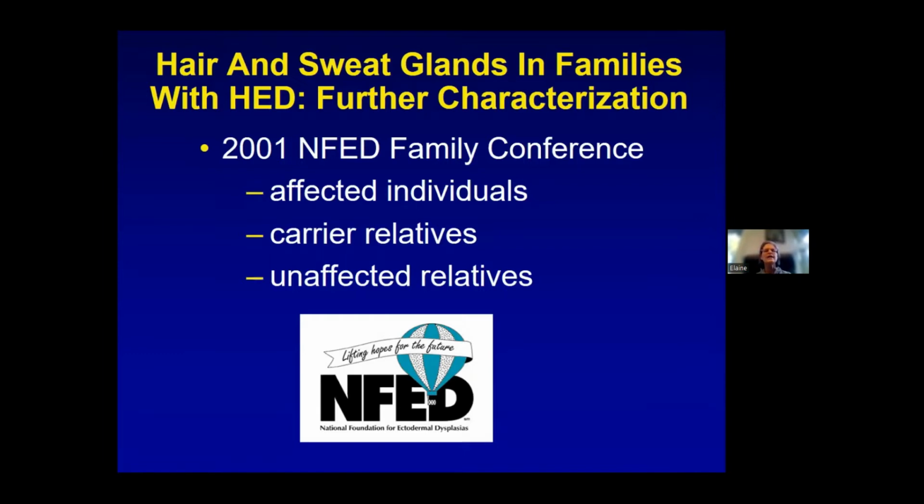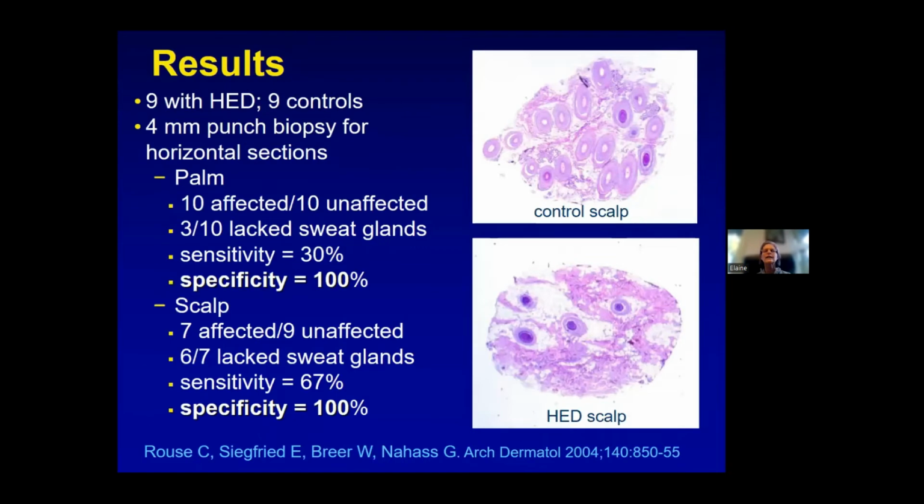And next slide. So what we did was we tried to characterize the condition based on the results of some skin biopsies. And we did both the scalp and the palm just to see if we could quantify the number of both hair follicles and eccrine glands. And what we found was that even though it kind of occurred to me that the palm might be a little bit better place to test, it was really the scalp that was the much more sensitive place.